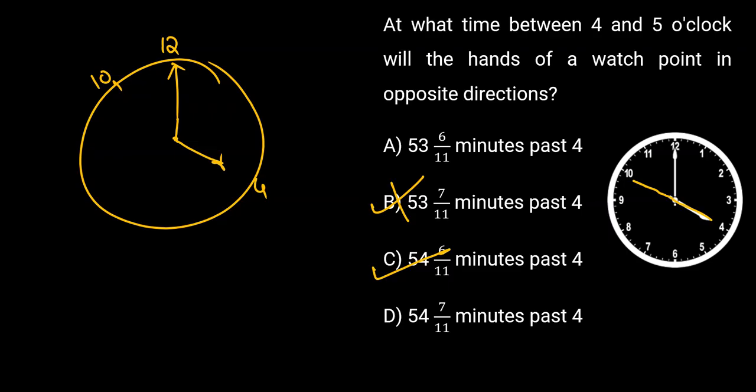Or else the concept. Okay, at 12, you need to reach 10. So how many minutes required? 50 minutes means 50. 50 by 11, which is 4 times 11 and 6 remainder. Guys, are you understanding? Then note down, please.